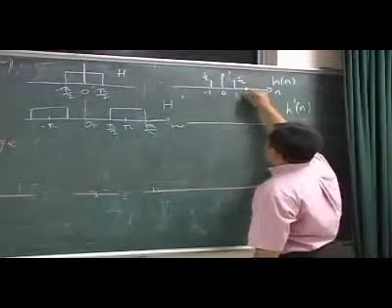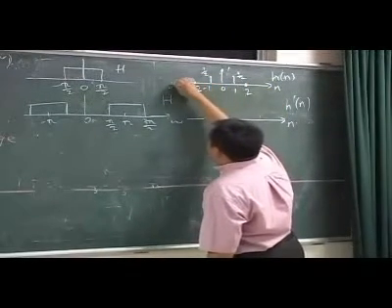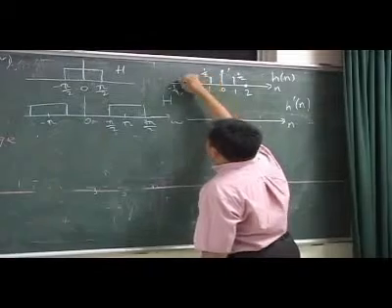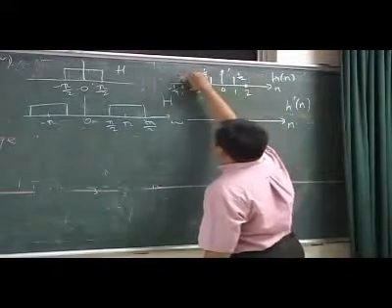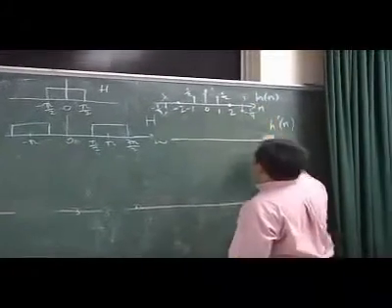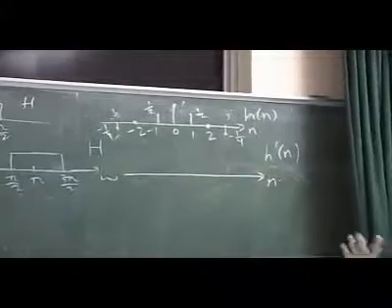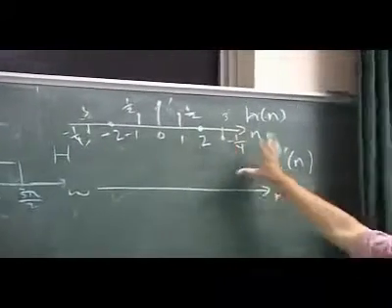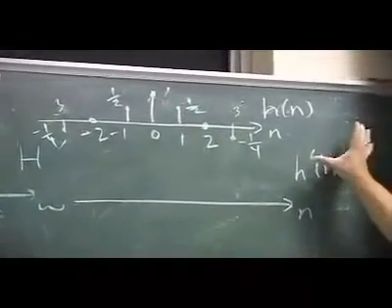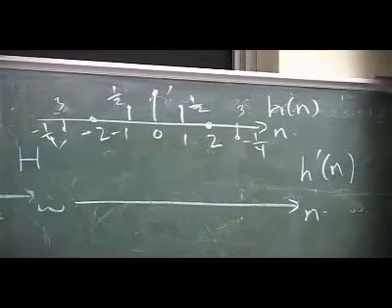Let's say this is 0, 2, and minus 2, and let's say this is minus a quarter, and minus 3, and 3. How does a half band low pass filter look like? How does a half band high pass filter look like?